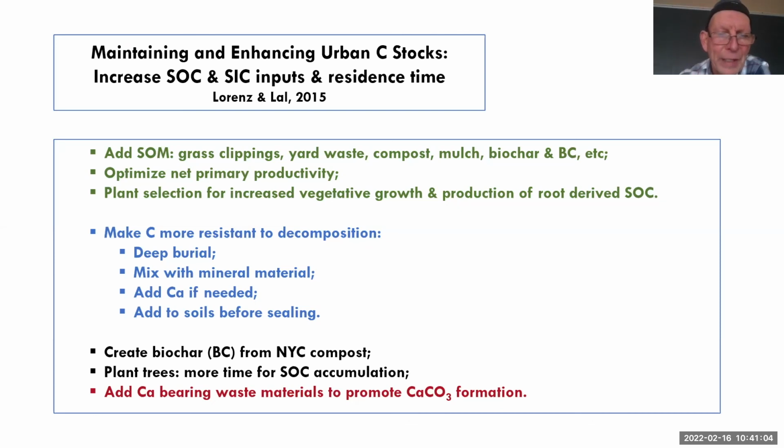Maybe we could look into creating biochar from New York City compost. Planting more trees. The soil under the trees has more time for soil organic carbon accumulation. And adding calcium-bearing waste to promote calcium carbonate formation, so inorganic carbon formation.